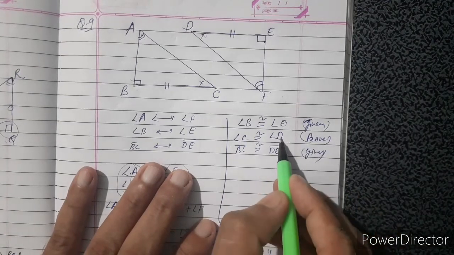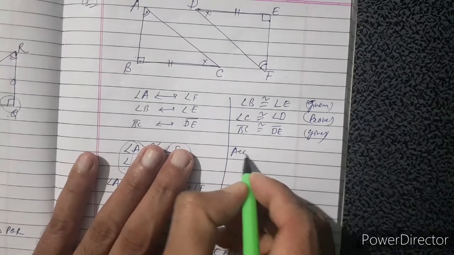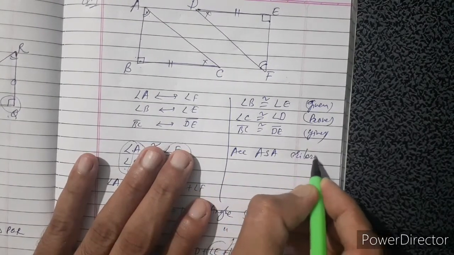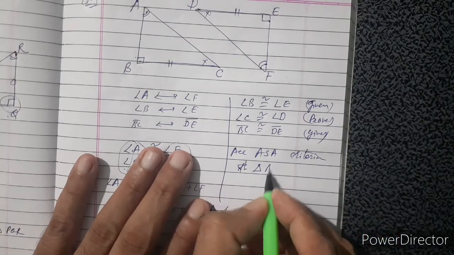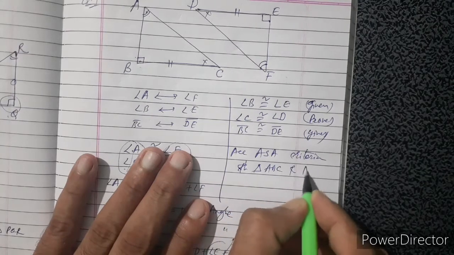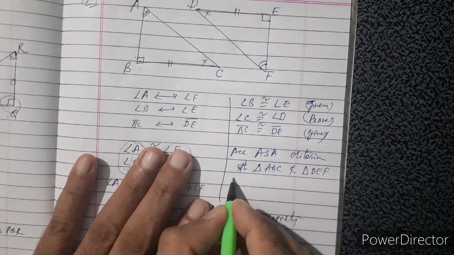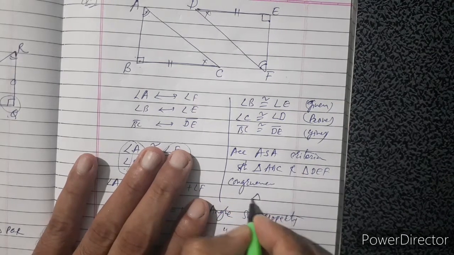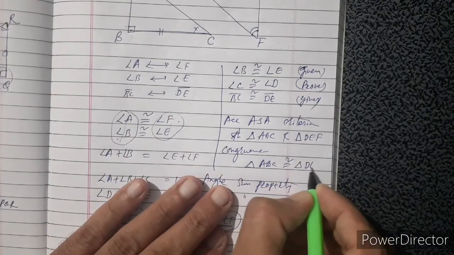So two angles and the included side are congruent. So according to the ASA criterion, both triangle ABC and triangle DEF are congruent. Otherwise, you just write triangle ABC congruent with triangle DEF.